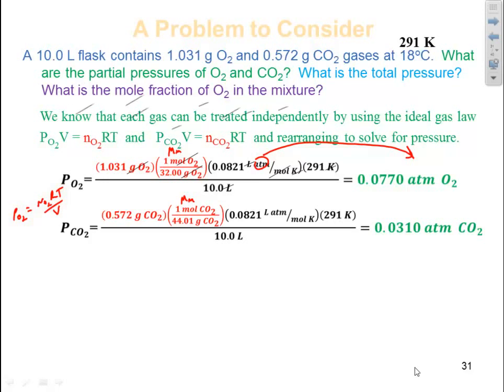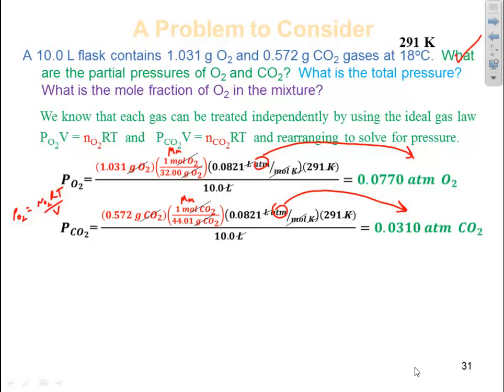Units cancel, leaving me with just atmospheres. If I multiply it, it is 0.0310 atmospheres of CO2. So that gives me the answer to number 1.